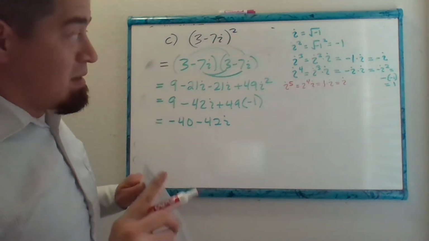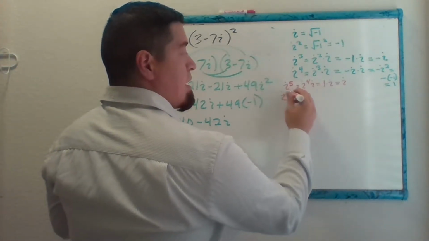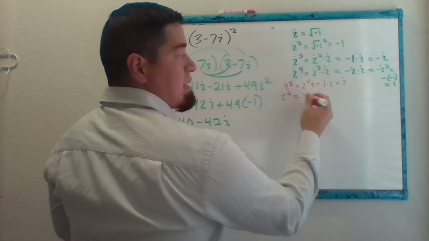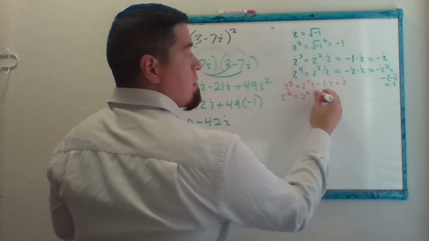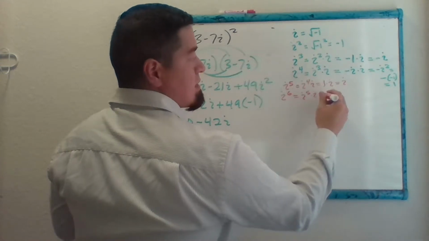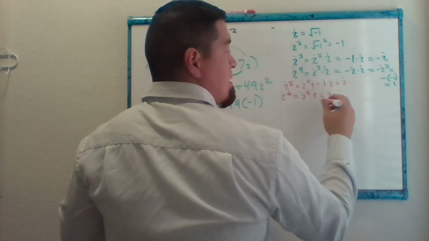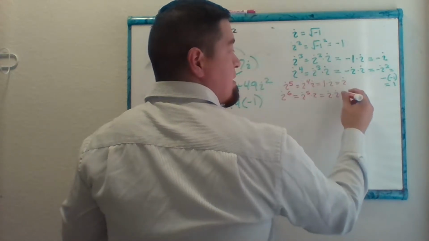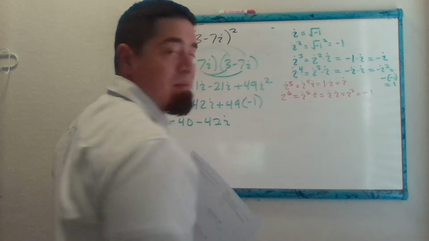Okay? And a little bit more, so maybe you see the pattern. But i to the 6th, well, what is that? That's going to be i to the 5th times an extra i, right? Because i to the 5th times i is i to the 6th. But I already know i to the 5th is i times an extra i. That's i squared, which we said is negative 1.